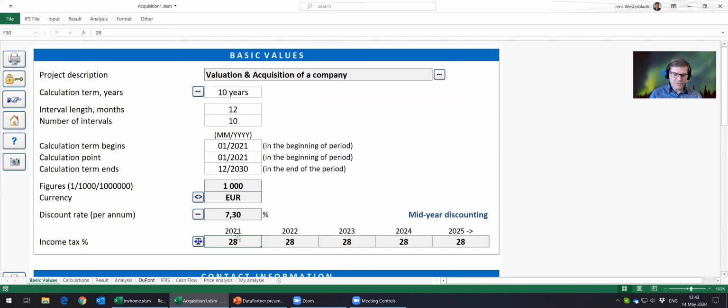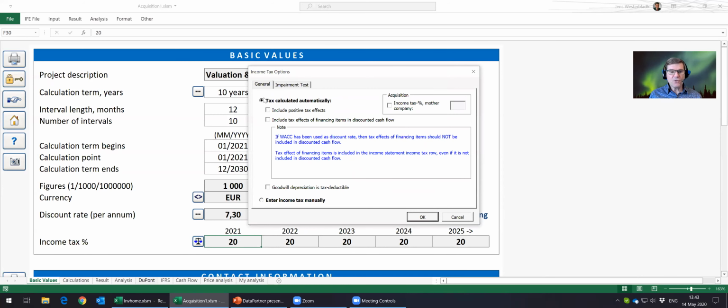The corporate tax was 20. We didn't replace that one because this one was entered. And the tax options, yeah. So now it calculates automatically. So the profit multiplied with the income tax percentage, but I can also choose to model it manually if there are some special things to consider.